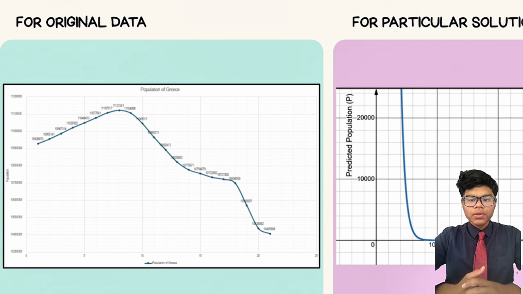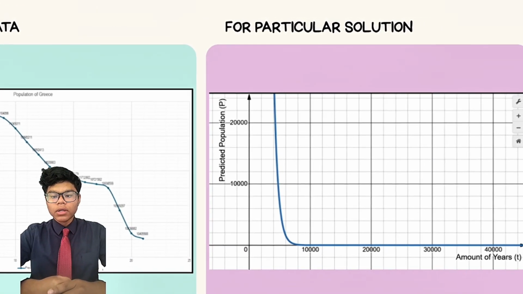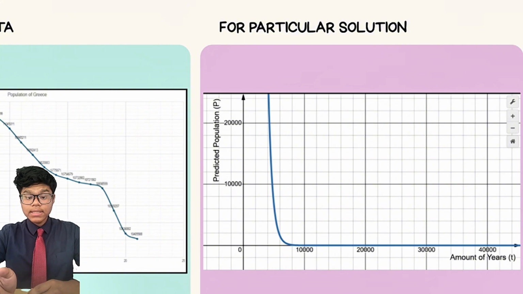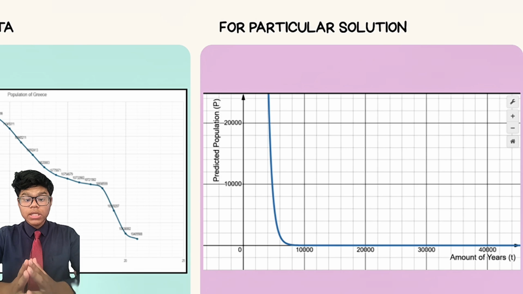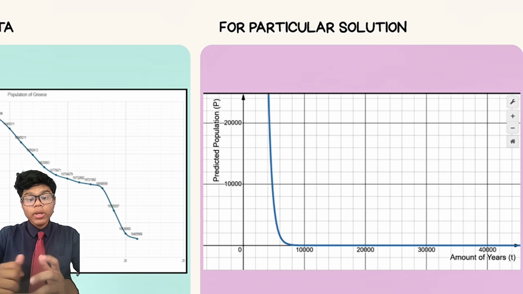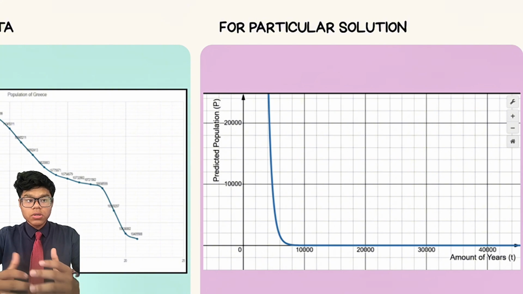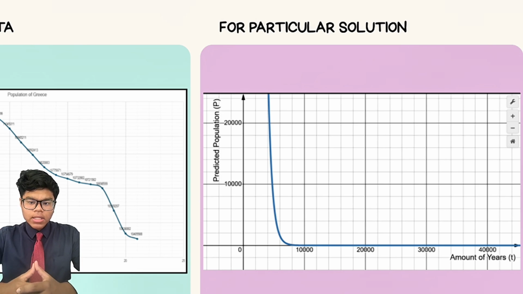As for the particular solution, we have our amount of years as our x-axis and our predicted population as our y-axis. It is shaped this way due to the fact that it is a natural exponent graph.